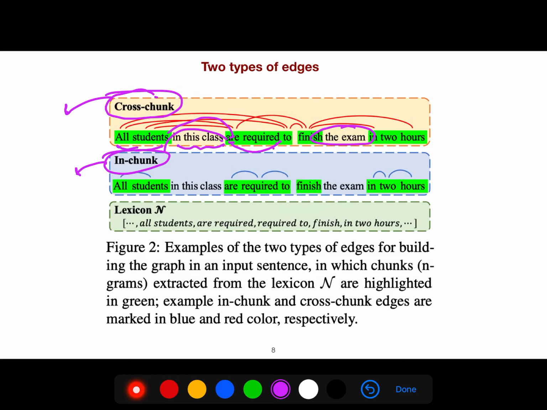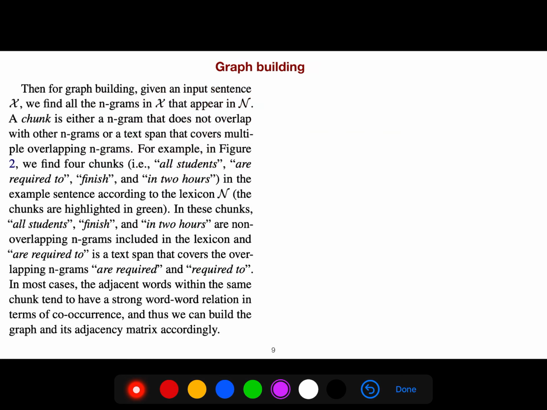We have two kinds of edges. This is interesting. And as I said, all students are required to finish. So in these chunks, all students finish in 2 hours are non-overlapping engrams. And are required to is a text that covers the overlapping engrams.